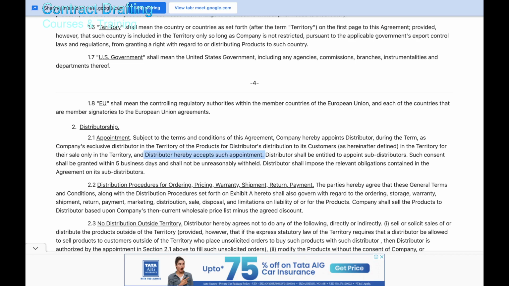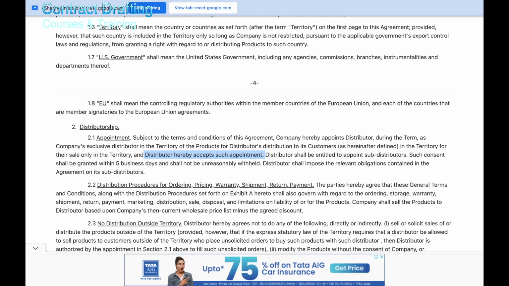Now they have certain rights also, like distributors shall be entitled to appoint sub-distributors. Such consent shall be granted within 5 business days, shall not be unreasonably withheld, and distributor shall impose the relevant obligations contained in this agreement on its sub-distributors.